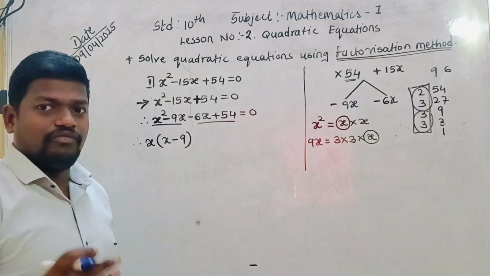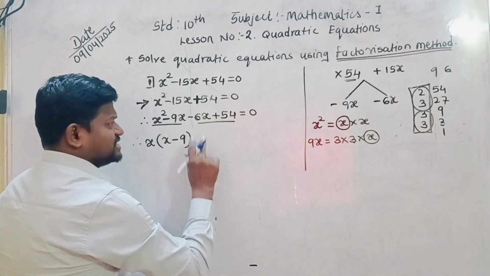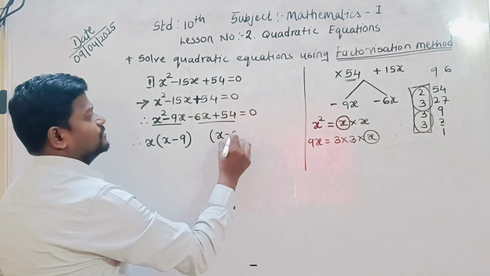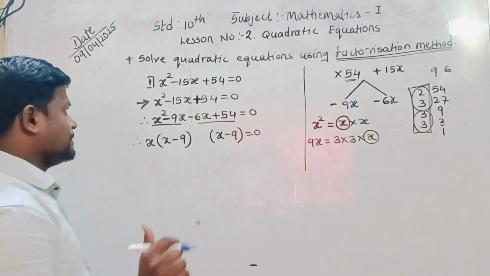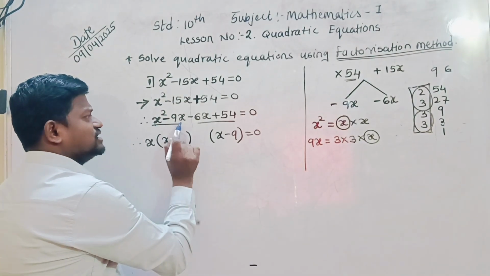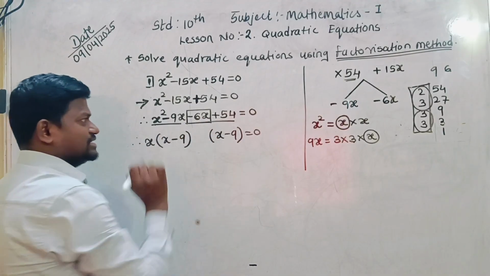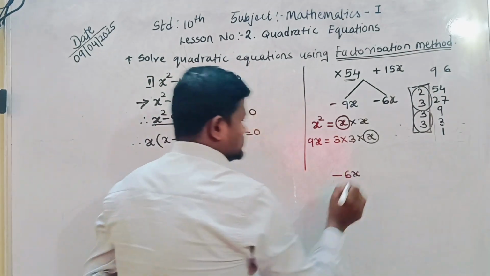So here we use a trick to solve this. See, we leave space here and write down this bracket once again with equal to 0. Okay, so let's check the second group, that is minus 6x.